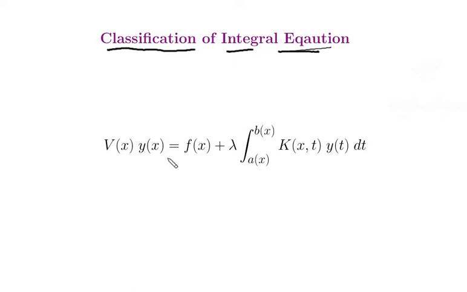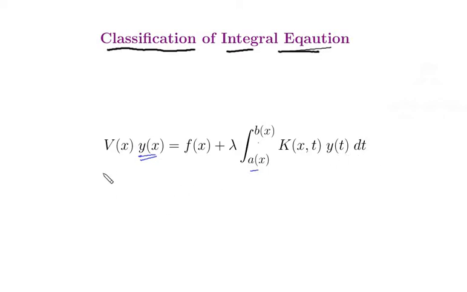So the general form of integral equation is given by v(x) y(x). Again I repeat, y(x) is the unknown function. So v(x) y(x) is equal to f(x) plus lambda integral from a(x) to b(x) K(x,t) y(t) dt.